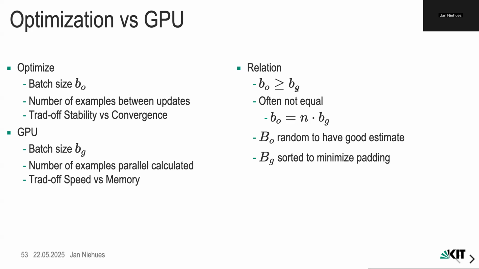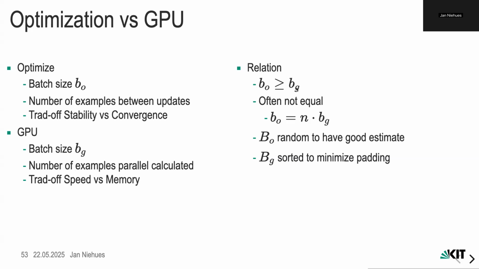So what happens if your GPU batch size is bigger? If you run 100 examples in parallel, but you want to update after 50, it's not really possible. I mean, you can do it, but you waste because you throw away the last 50. Normally, you can't update within one calculation. You can only update after you have done the calculation. And that's why your GPU batch size has to be smaller. Typically, that's why you use a multiple of it.